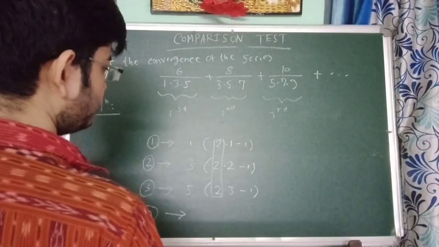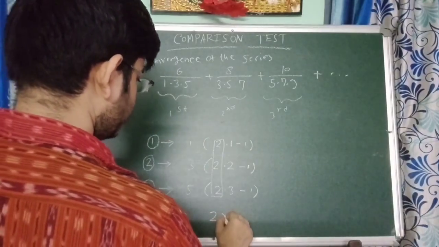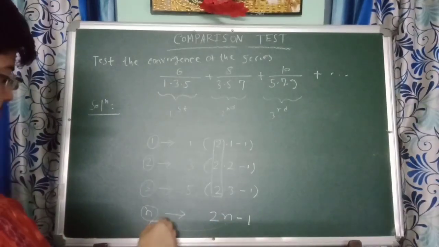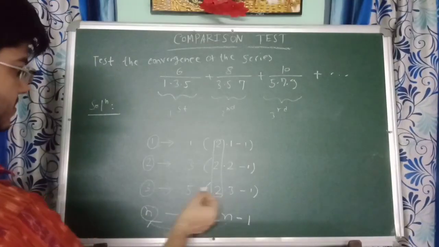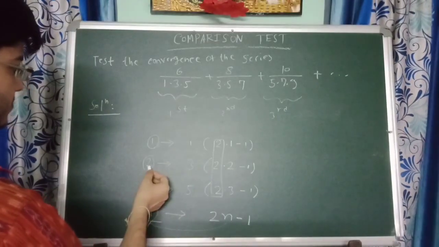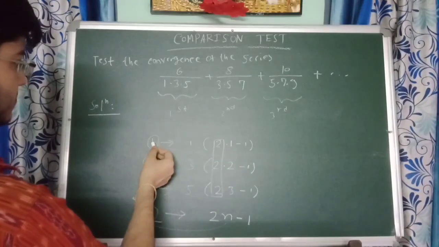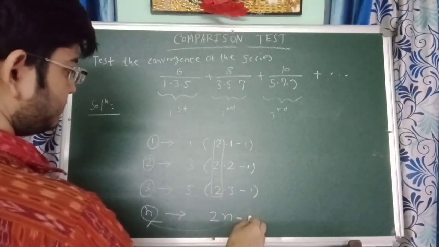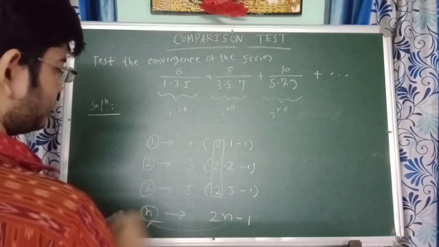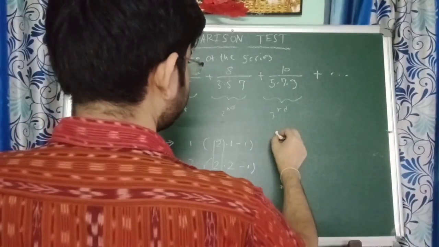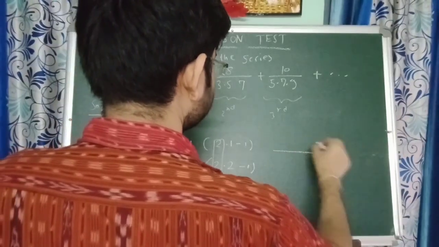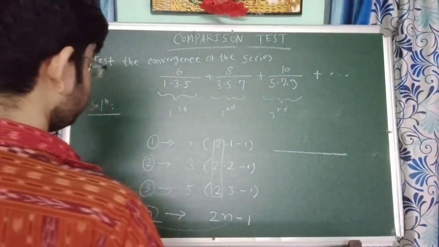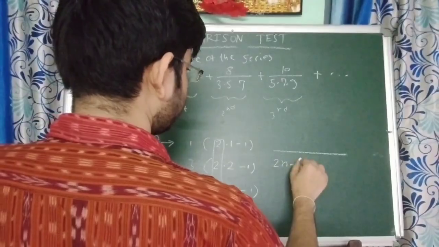The starting number of the denominator part is 2 into n minus 1, since 3 is related with the third term, 2 with the second term, and 1 with the first term, and minus 1 each time. So it is clear that the first number in the denominator part in the nth term is 2n minus 1.